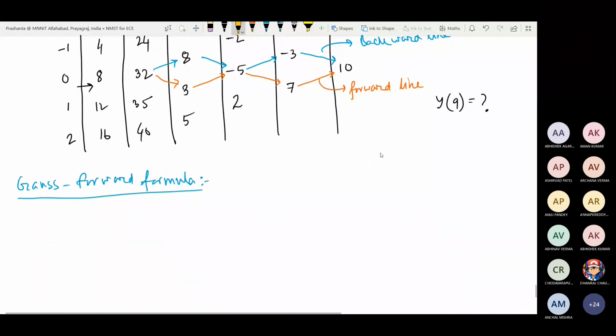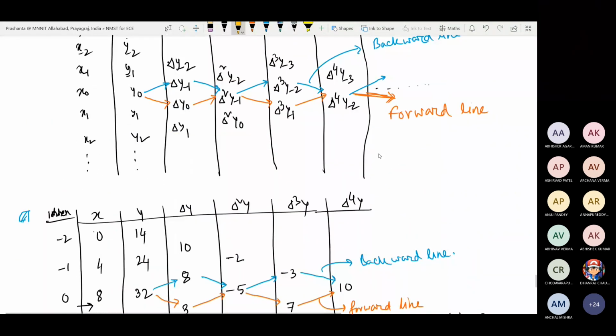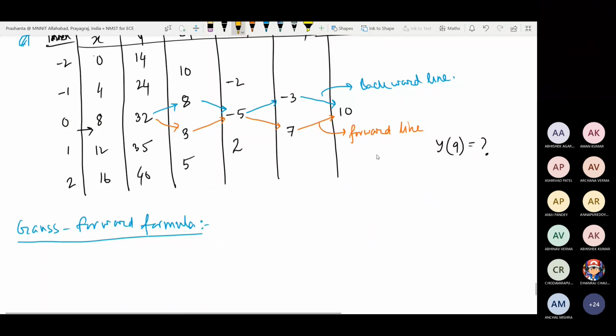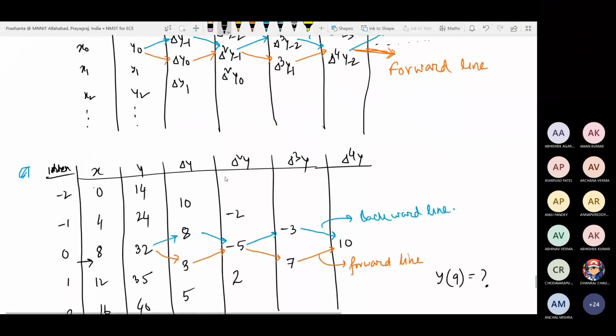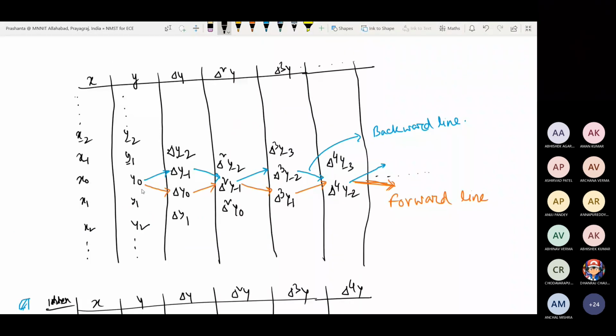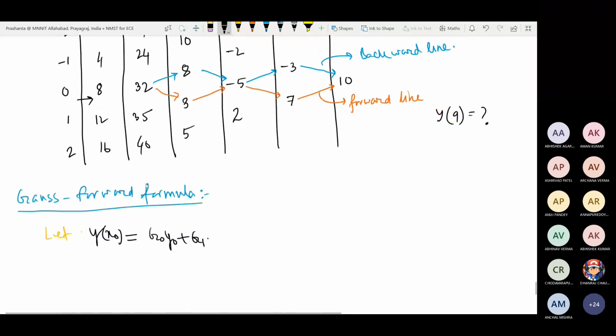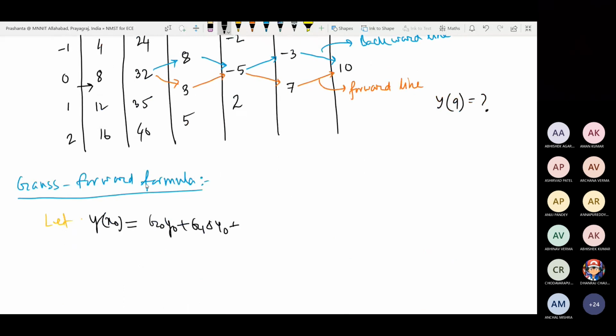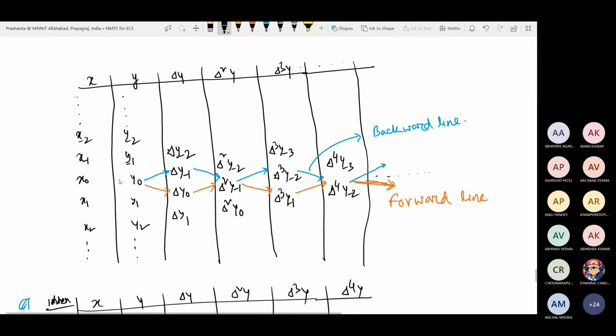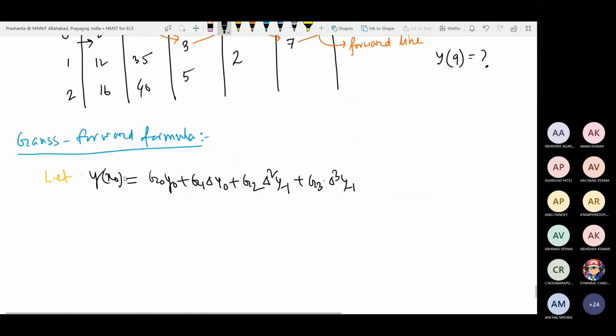So tell me, what will be y of x naught? Let y of x naught equal g naught into y naught, where g naught is a constant, plus g1 into del y naught, plus g2 into del square y minus 1, plus g3 into del cube y minus 1, plus g4 into del 4 y minus 2, and so on.